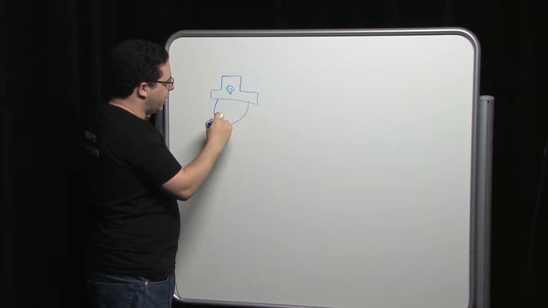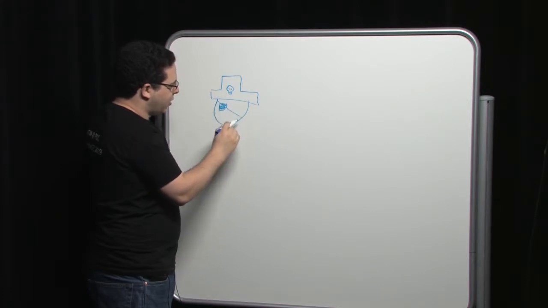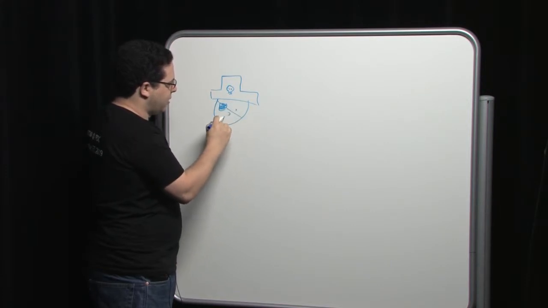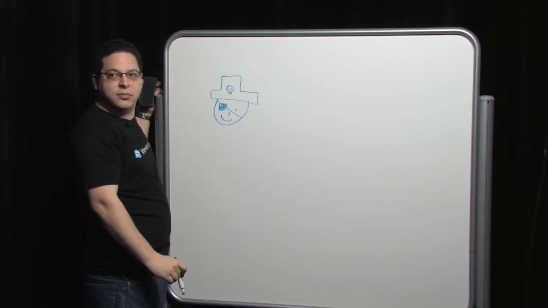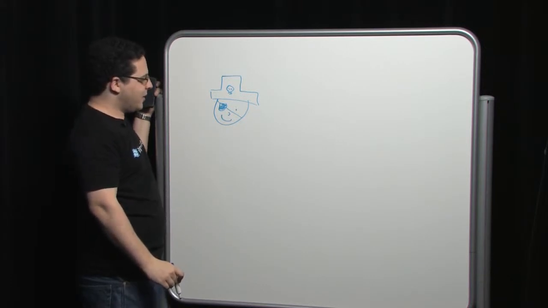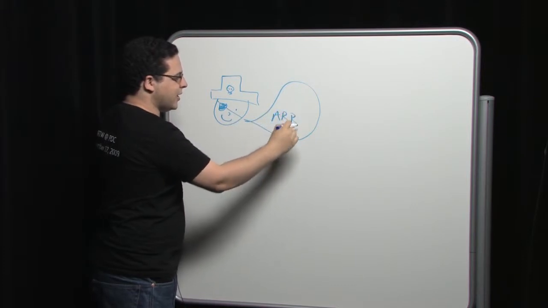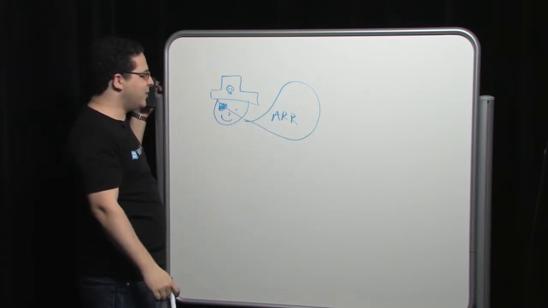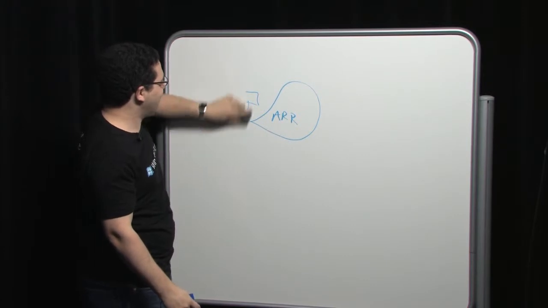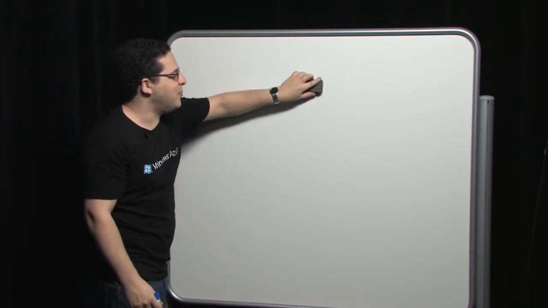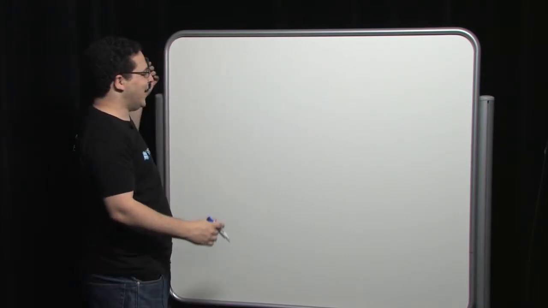And he's got an eye patch, which is how you know he's a happy pirate. Does that look like a pirate? Yeah, he's not as menacing as I would hope. Well, no, because he's friendly. He's the friendly application request routing pirate. Fair enough. That's why we went to the whiteboard, really, so that I could draw that picture.